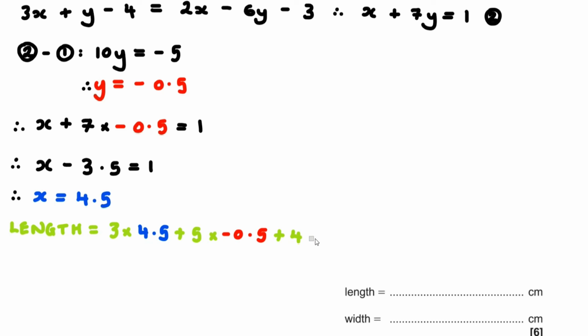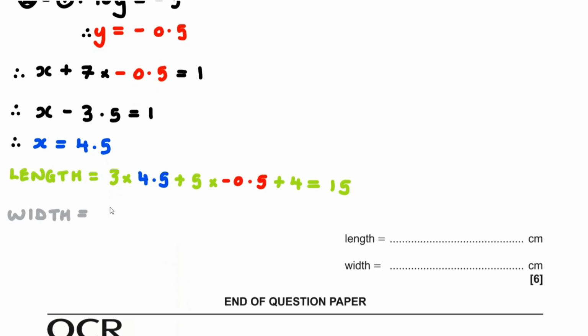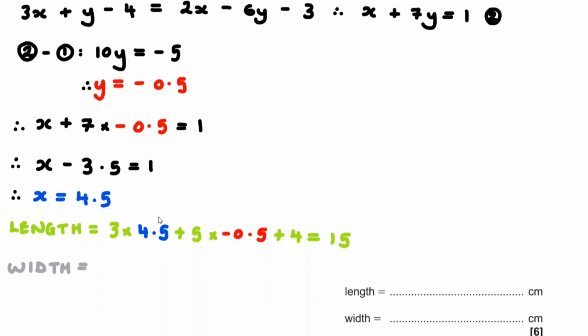So we will find the length to equal 15, and for the width, well, the width is given by 3x plus y subtract 4, so we have 3 multiplied by 4.5 plus y, so we add on negative 0.5 and then we subtract 4.